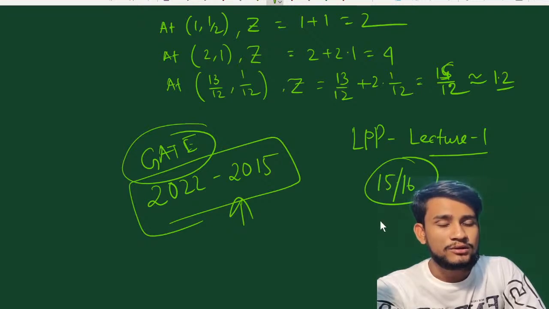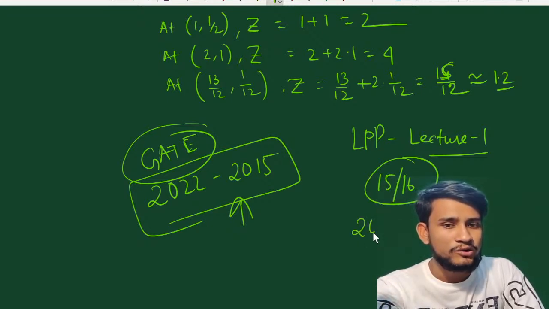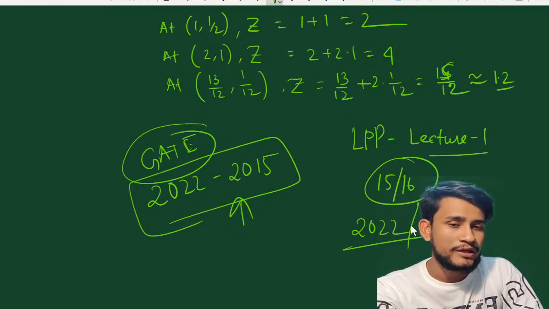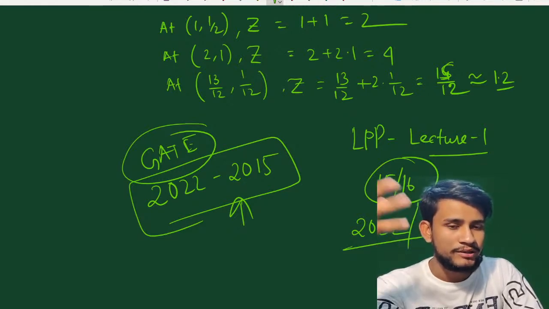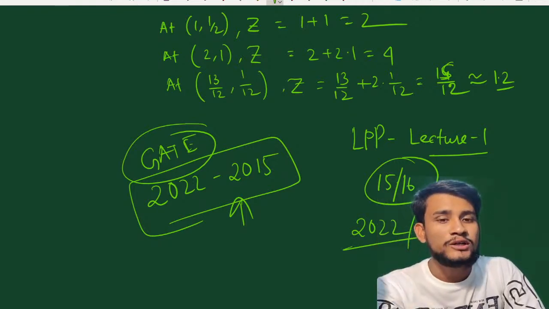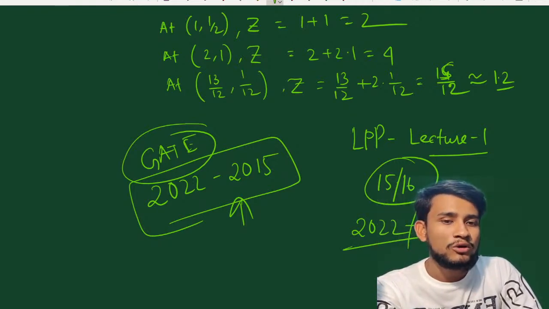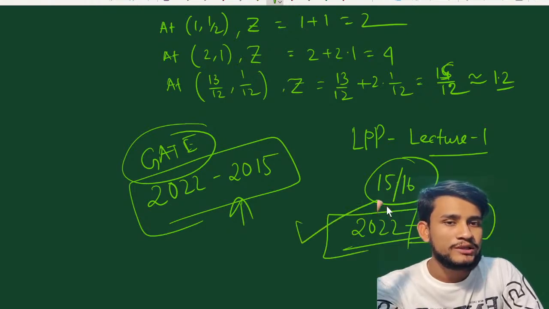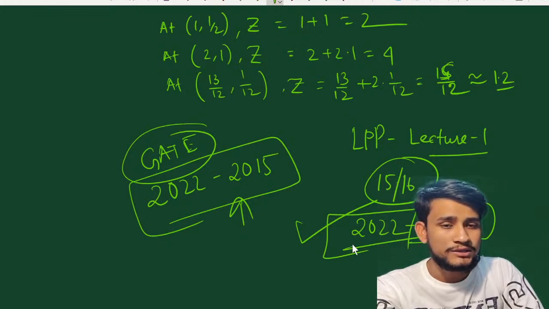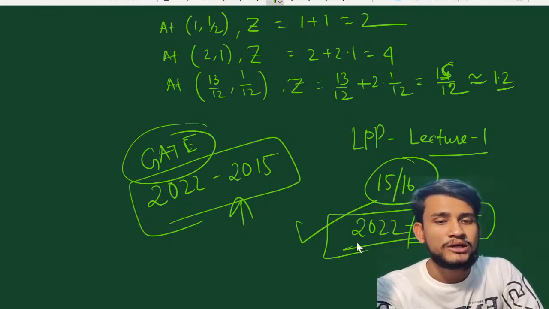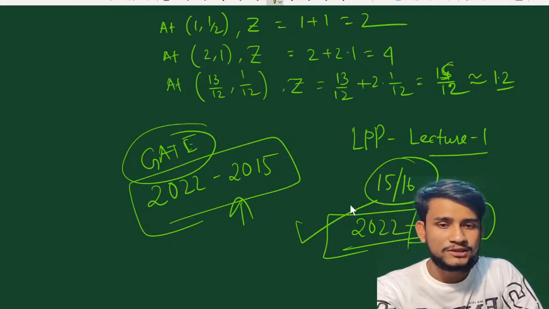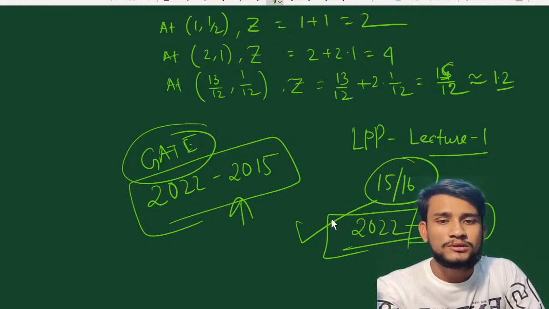After that we solved the remaining problems of GATE 2022 and the remaining back years, that is 2020, 2019, 2018, 2017, 2016 up to 2015. So all questions of 2022 to 2015 are already solved in this playlist. You can check those videos for your help for your GATE exam. So this ends these sessions.